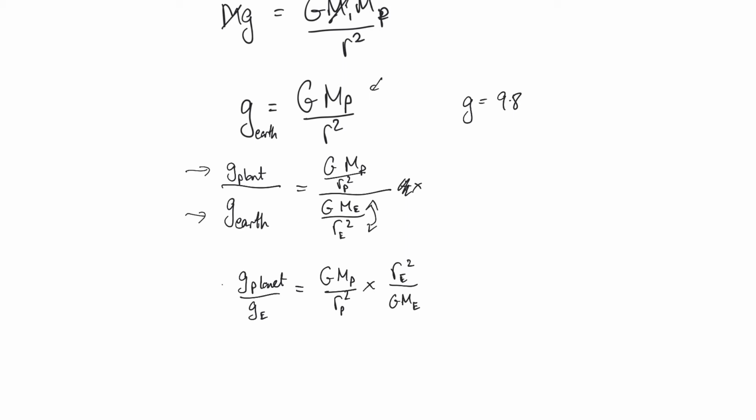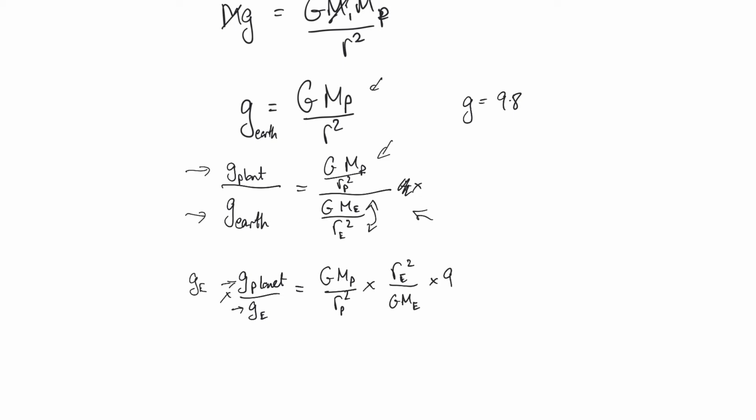And if we want the gravity of the planet on its own, and this is all going to depend on what you're given, you might be given information for the planet and Earth and need to find g. So in this case, we want to get rid of this part, so we're going to multiply this side by g, gravity on Earth.